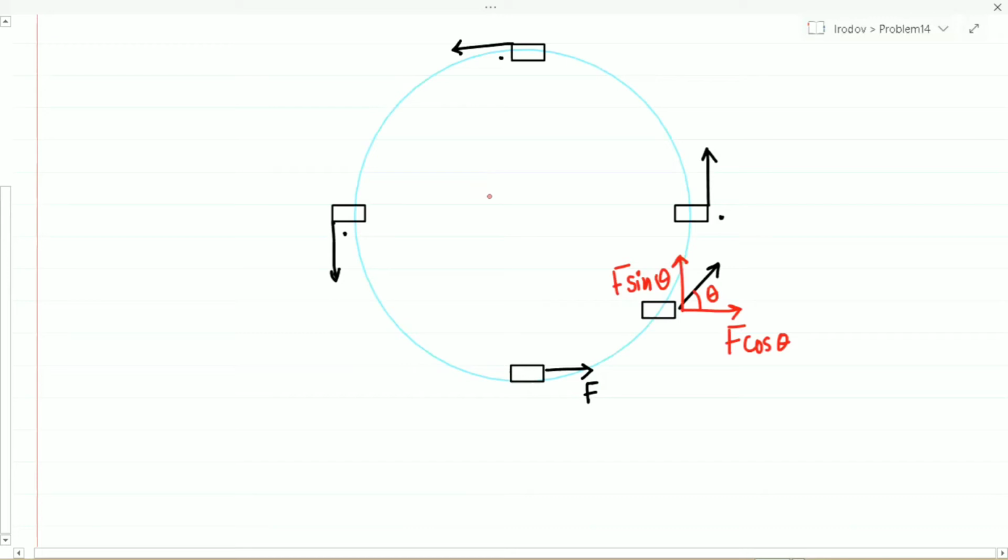Also, let us assume that this direction is the x direction and this one is the y direction. Also, let us assume that the components of velocity of this particle here are given by Vx, and let us say that the component in the y direction is given by Vy.